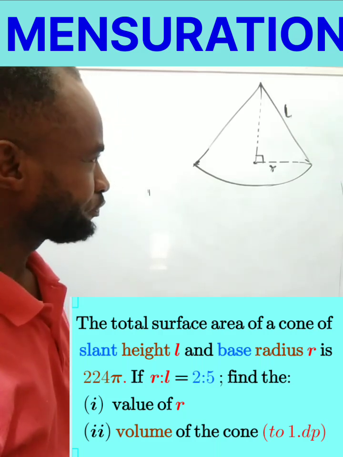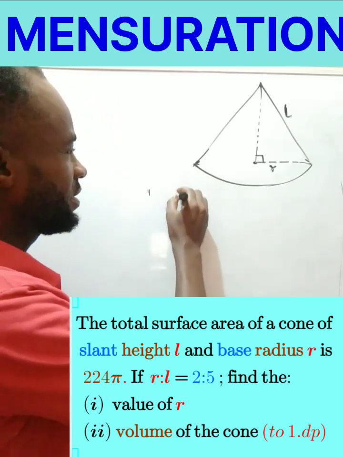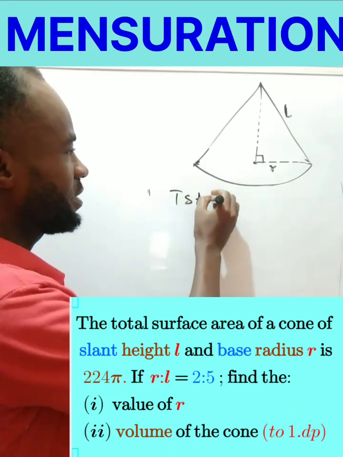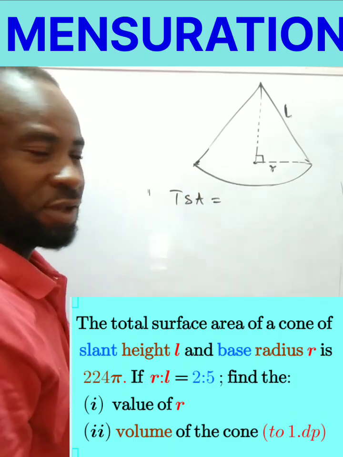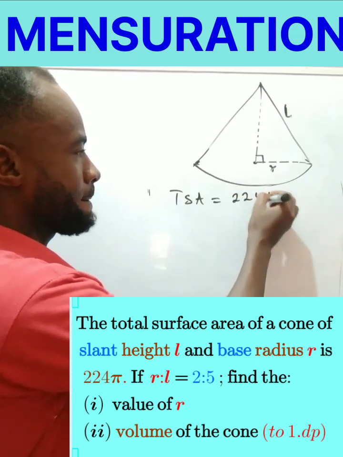So let's go. We are told that the total surface area of this cone is 224 pi.